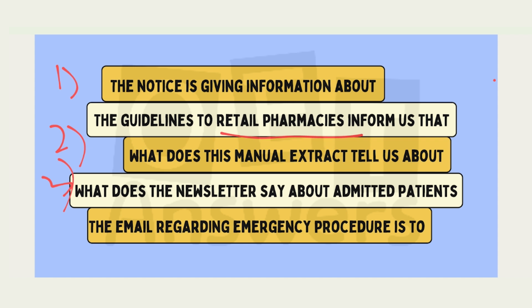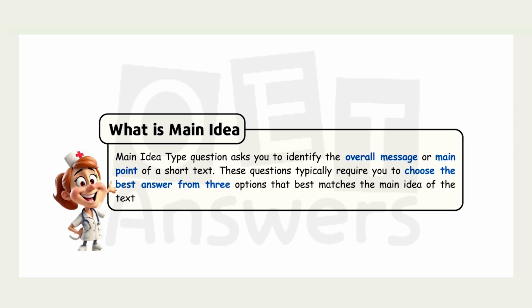Let's start now. First, you need to get an idea about the main idea. A main idea type question asks you to identify the overall message, underline the word overall, or the main point of a short text. Short text means the passage.